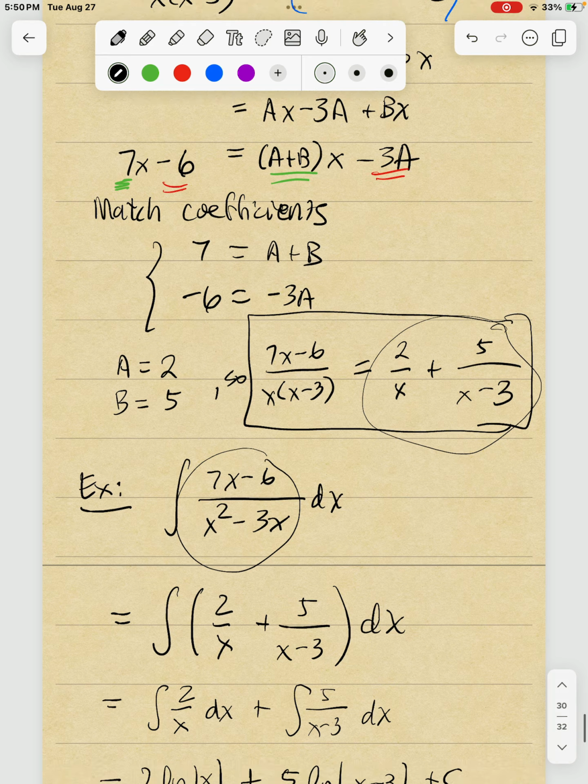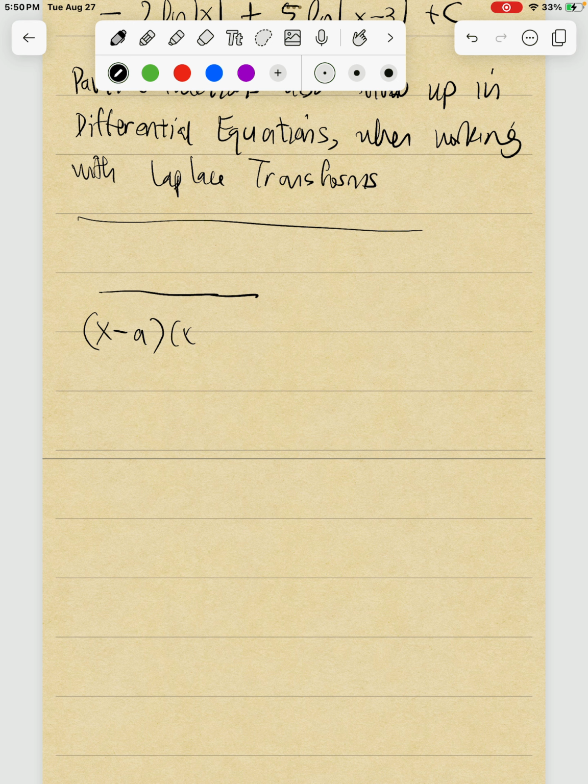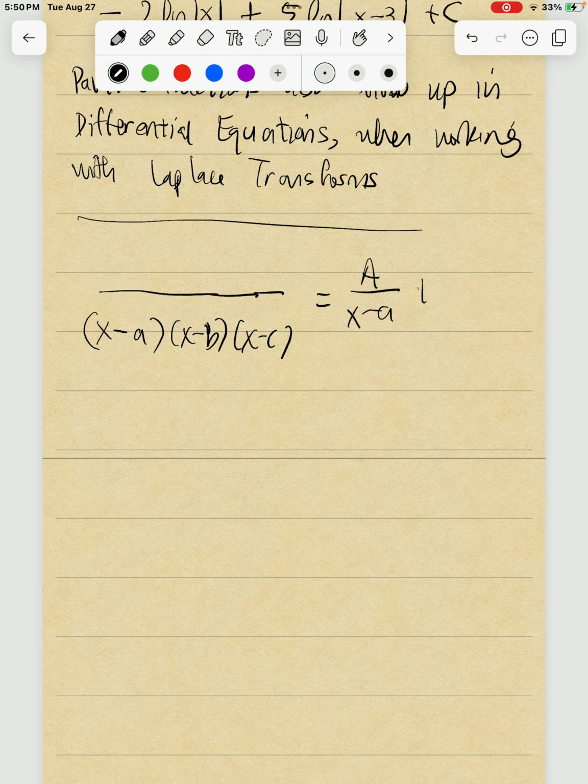And maybe let's just do one more. Not an example, but if you had something with distinct linear factors, but you had more than two, like let's say you had x minus a times x minus b times x minus c, then it's just going to be some constant over x minus a plus another constant over x minus b plus another constant over x minus c.